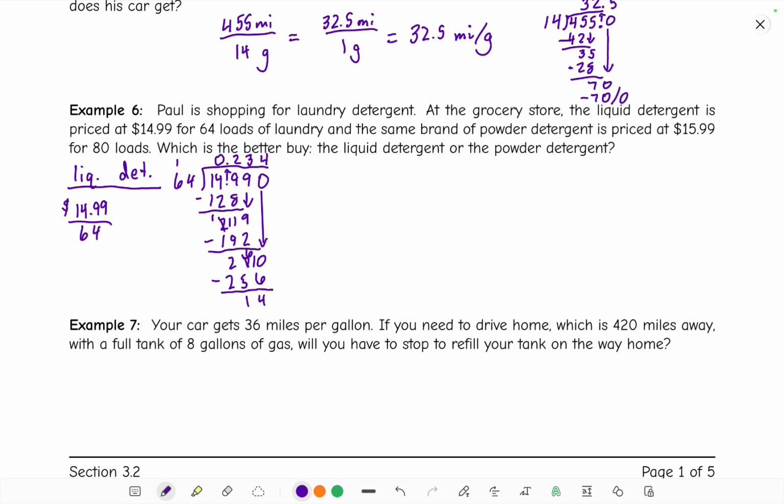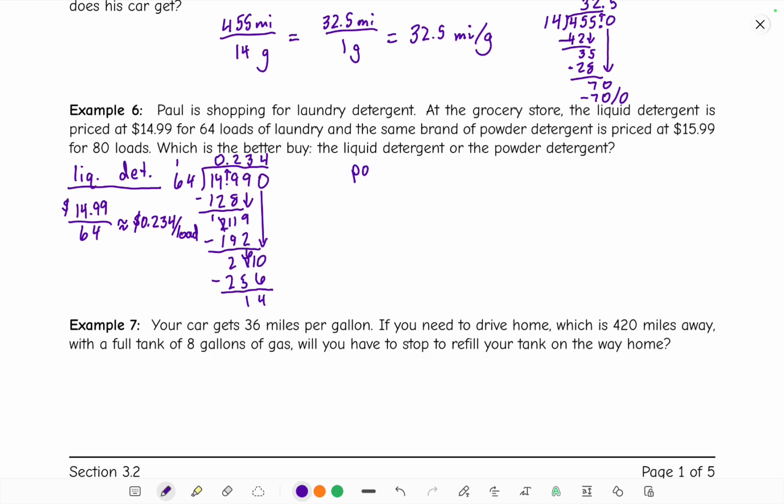Then I need another 0. But for right now, I'm going to be good with that, because maybe all I need is 3 decimal places to figure out which one's the better buy. So this is approximately $0.234 per load.